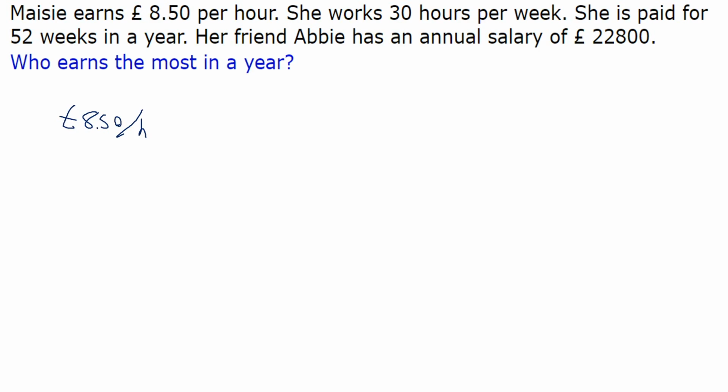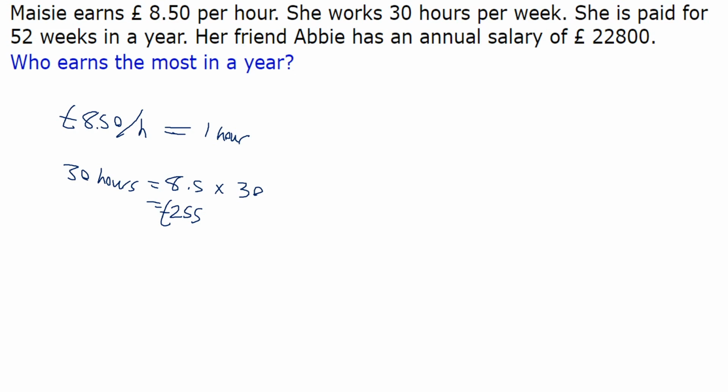Well, £8.50 per hour is equal to 8.5. Remember, guys, this is for 1 hour. Okay? So for 30 hours, it's just going to be 8.5 times 30, which is equal to £255. And that's for 30 hours.